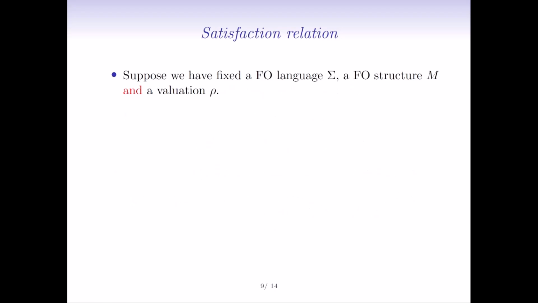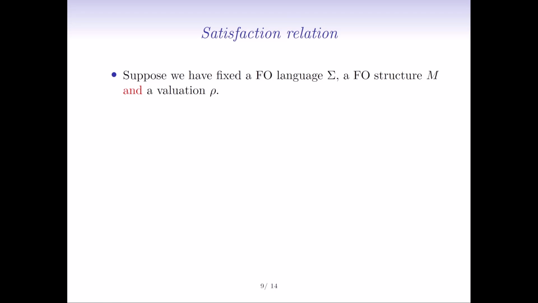And so, although it's taken us quite a while to get here, we are now finally in a position to define the truth value, true or false, of a first order logic formula relative to a given interpretation. So suppose that we've fixed a first order language, sigma, and a suitable first order structure, M, for that language.